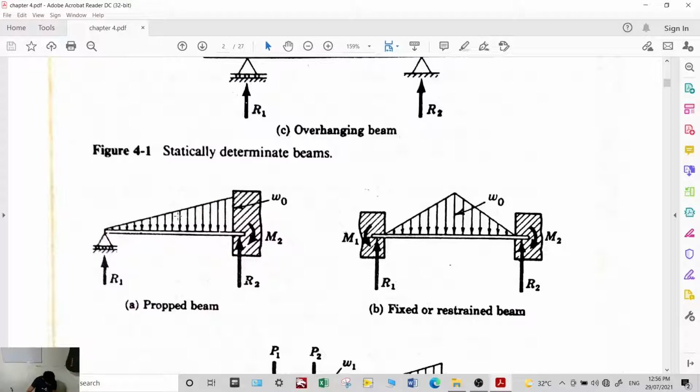Triangular load. With water pressure, the deeper you go, the higher the pressure, so the force is higher. So the loading is triangular.